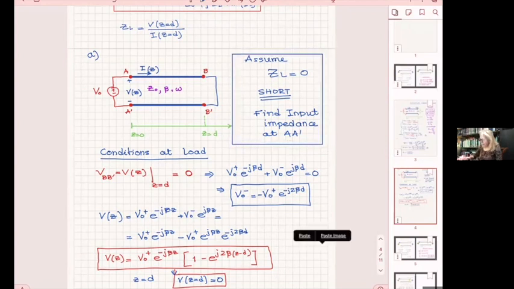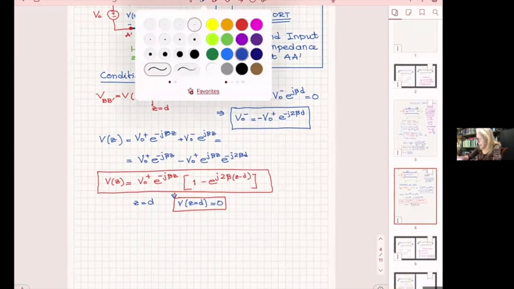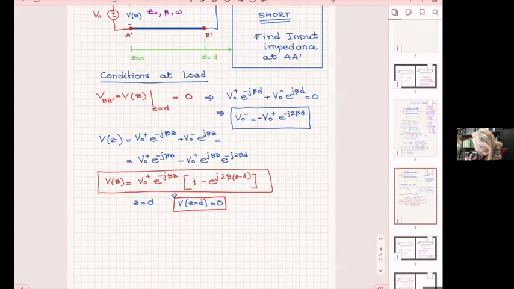So now let's try to find the input impedance. Next, I'm not going to rewrite any formulas. I will remember what we derived before.